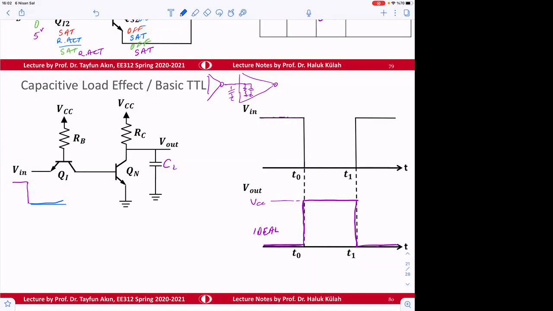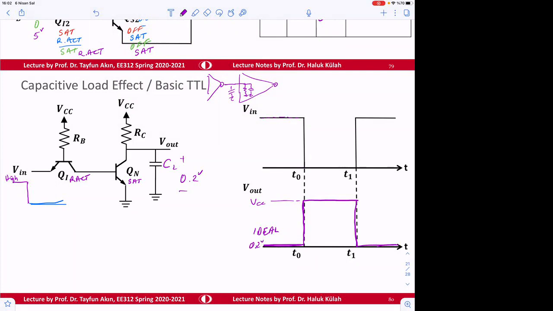When this was initially high, this was reverse active, and this was SAT, and the output voltage was 0.2 volt. So this would ideally be 0.2 volt, right?